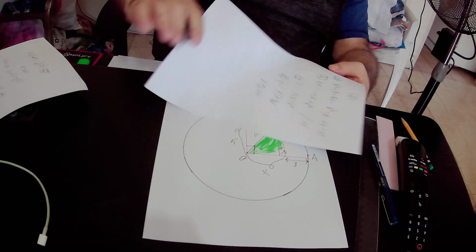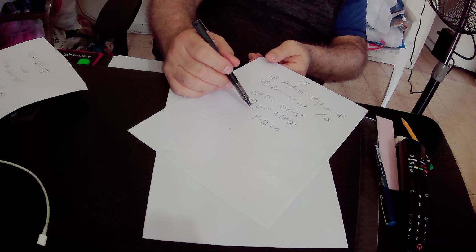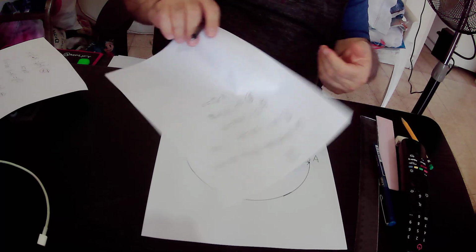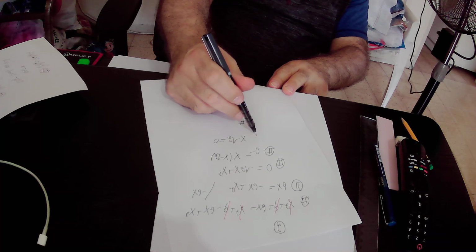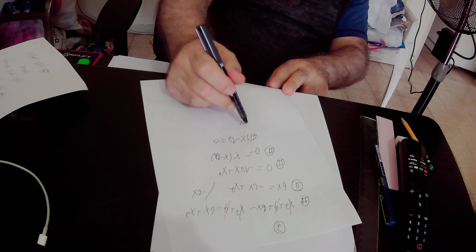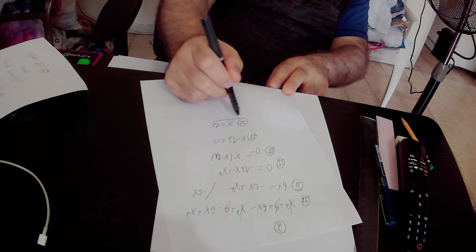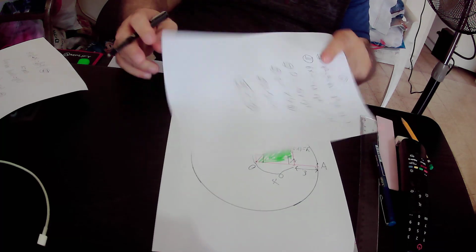So if x minus 12 equals 0, we add 12 to both sides. We get that x equals 12. Okay, x equals 12.